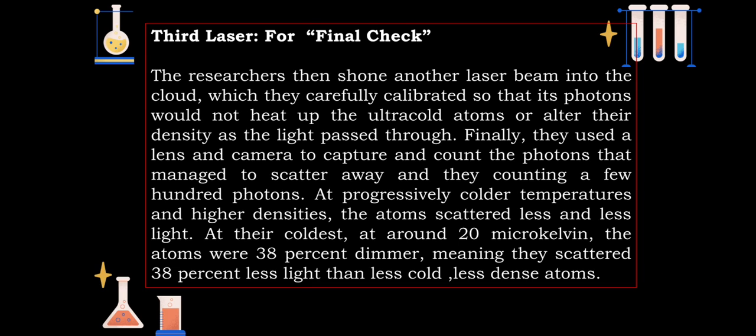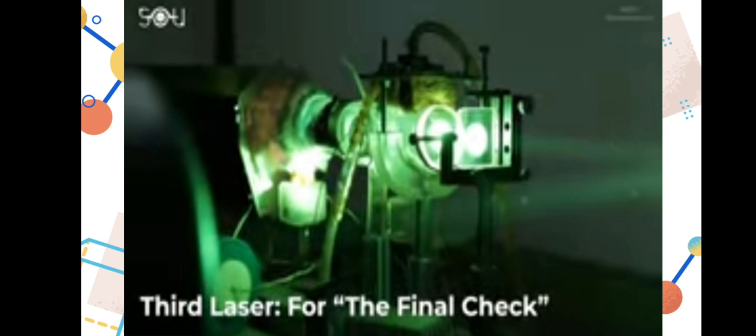At progressively colder temperatures and higher densities, the atoms scattered less and less light. At their coldest, at around 20 microkelvin, the atoms were 38% dimmer, meaning they scattered 38% less light than less cold, less dense atoms.